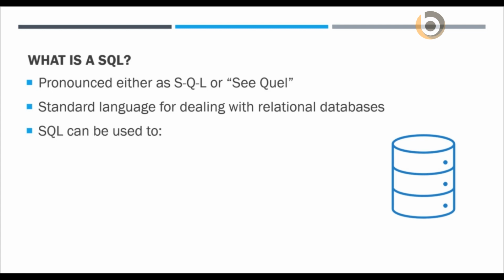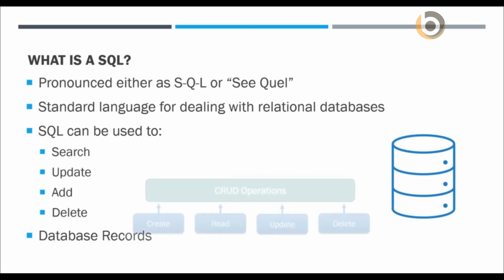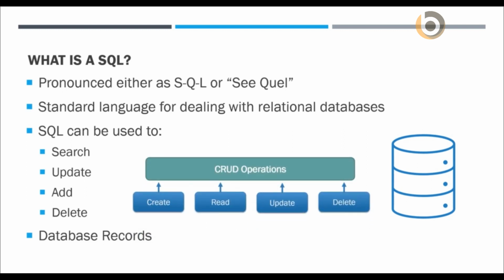SQL can be used to search, update, add, and delete database records. This information may sound very familiar, and that's because SQL in essence is using CRUD operations on a database. Again, to access a database, we need an RDBMS to handle pretty much everything involved with the database.